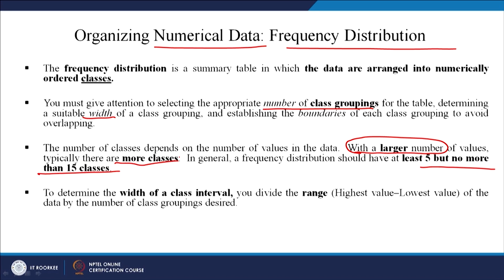Now, the point to remember is how to find the width of the class. For the width of the class, you take the range divided by the number of classes you want. The range is the highest value minus the lowest value, and you divide it by the number of classes you are looking for in your frequency distribution.